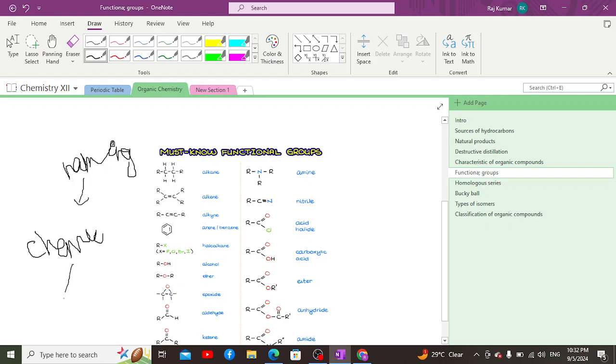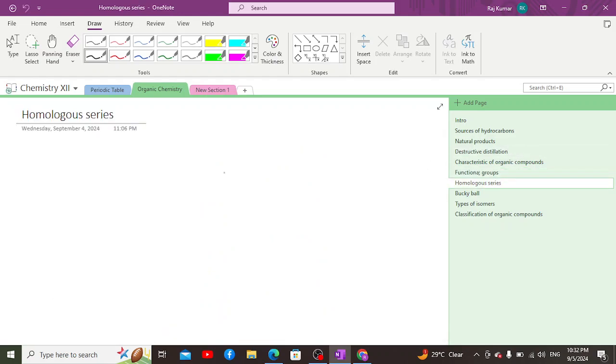And the third reason is classification. Functional groups are the major basis on which we can classify organic compounds into different classes. Each class represents a particular chemical property, and is known as a homologous series.